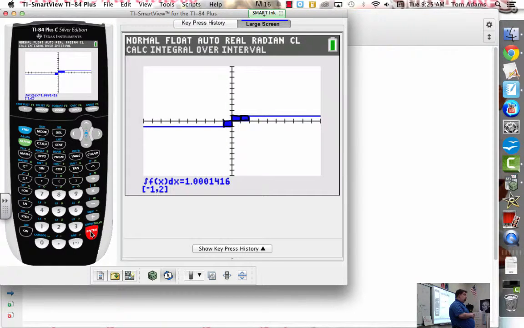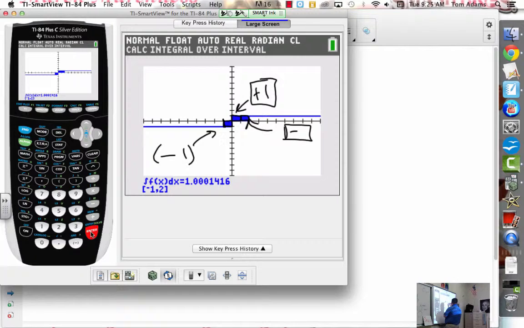Because it's 2 in the positive direction, 1 in the negative. Because the height, mathematically, the y value here is negative. So this is like -1, and then this is like +1 for that one, and then this one is like +1. So whenever we find the area under the curve, if the area is below the x-axis, mathematically, when your calculator graphs it, and if you do it by hand, it's negative.